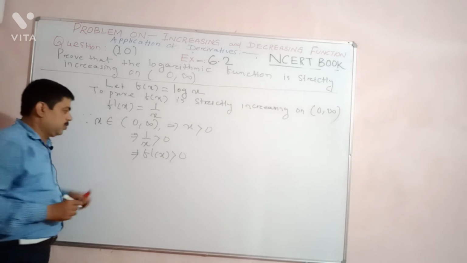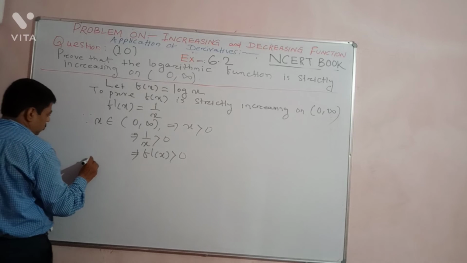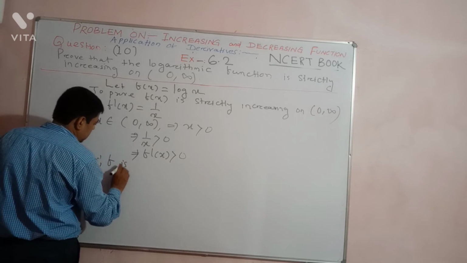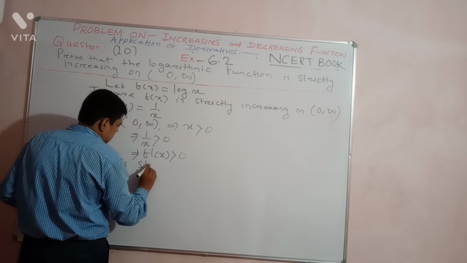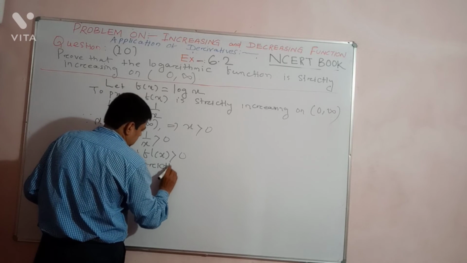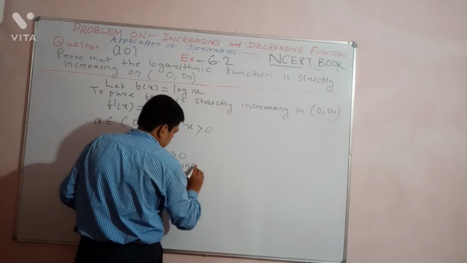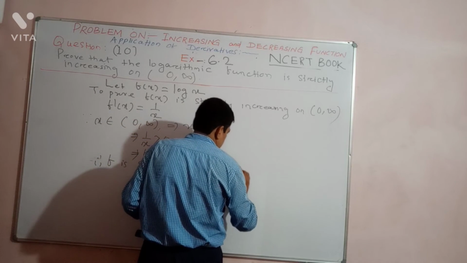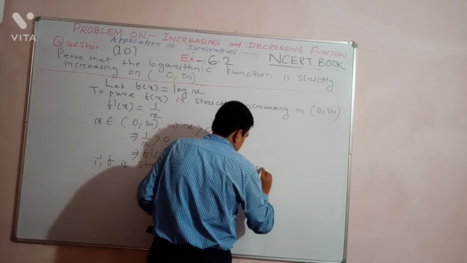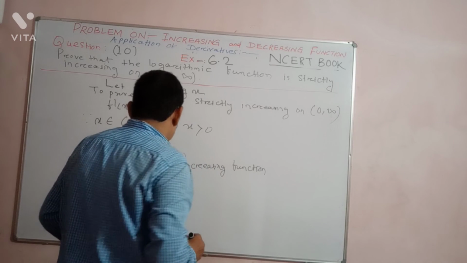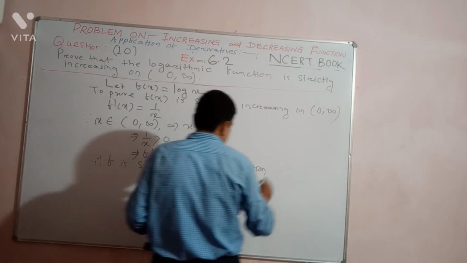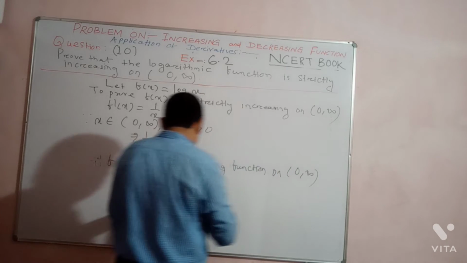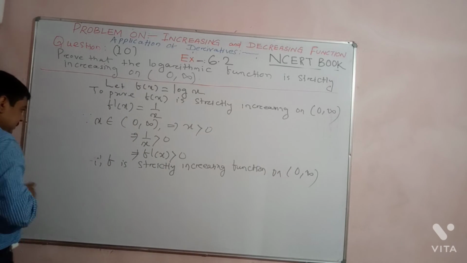And since the slope of the function is greater than 0, hence we can prove that f is a strictly increasing function on the interval 0 to infinity. Is it clear?